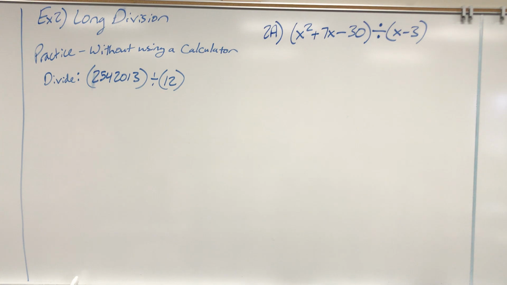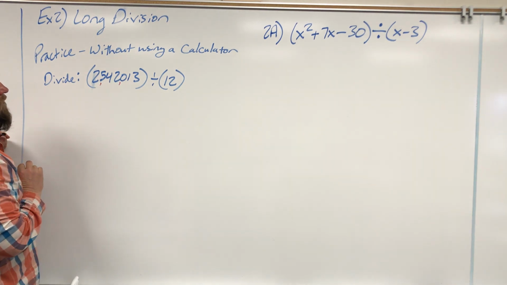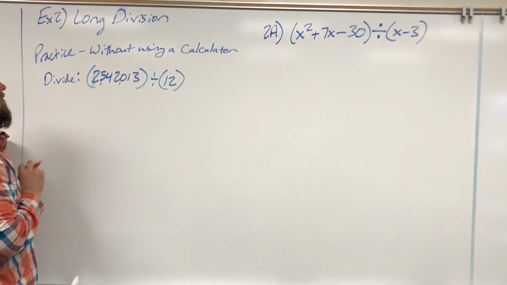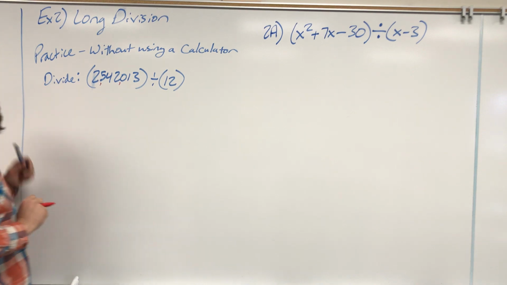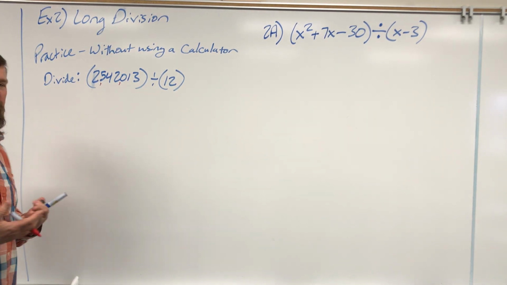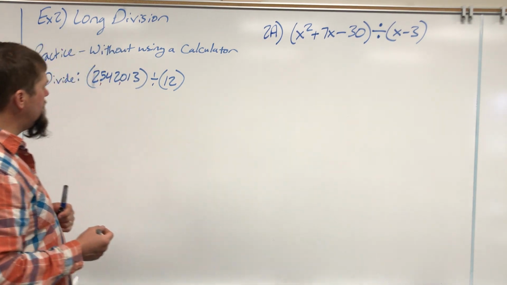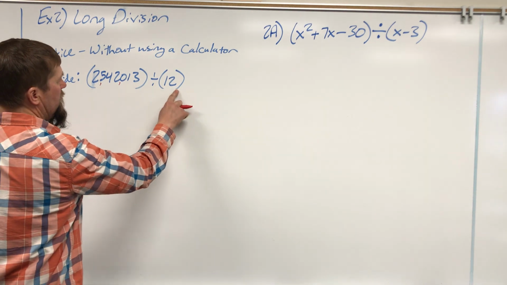Okay, now here we have kind of a large number, 2,542,013. I'm going to divide that number by 12, and I'm not going to use a calculator. You can use a calculator to help you find out how many times something goes in, but this one, 12, is pretty simple.